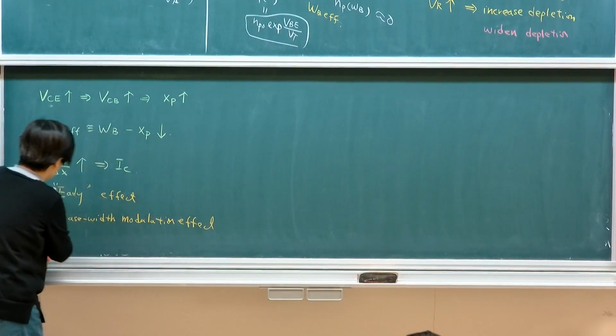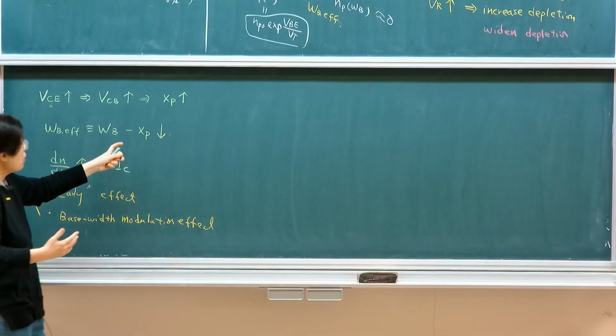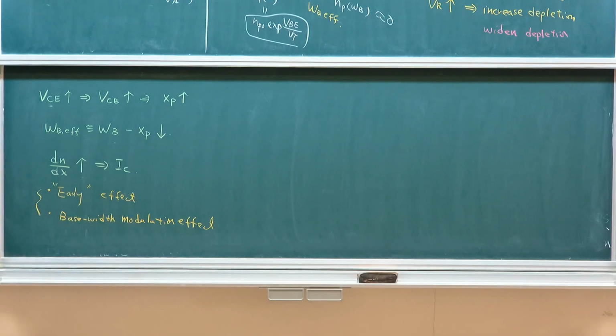Either way, these two are talking about the same thing, because as the base is being modulated, your vacuum or the pump is pushing forward, and the distance for the minority carrier to travel reduces. Therefore, it would lead to an increase of collector current. Okay?